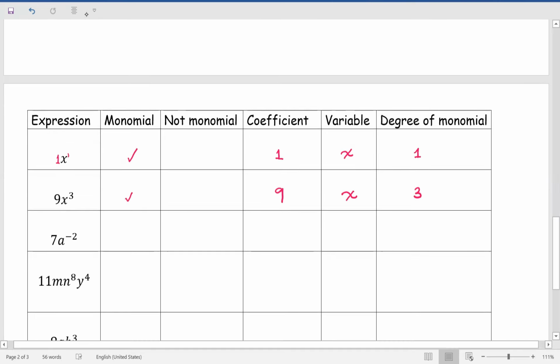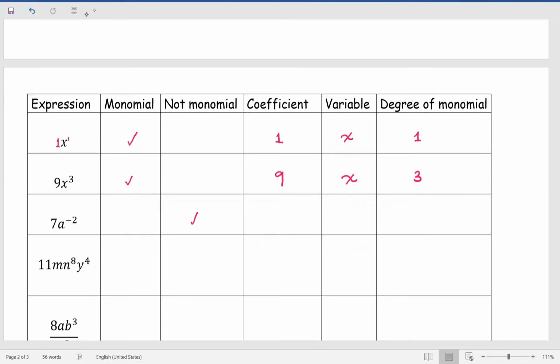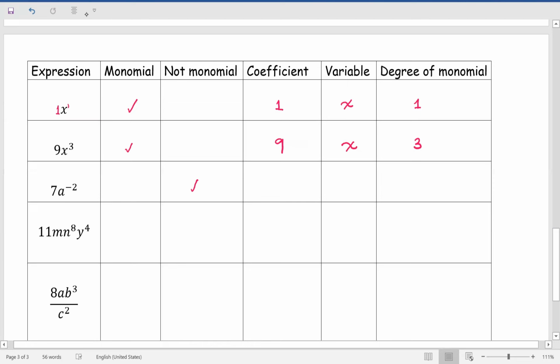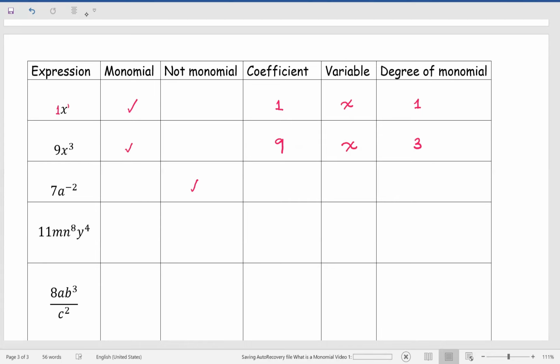Okay. 7a to the power of -2. So this is not a monomial because it has got a negative power. So then we have 11mn to the power of 8, y to the power of 4. Yes, this is a monomial because it is a product of a number and more than one variable. And you can see the powers that we have here, 8 and 4, these are whole numbers.